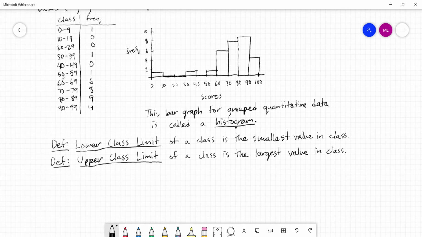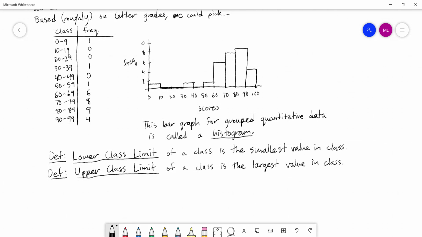So if I take a look at our table here, the top class down here, the 90 to 99 one, the lower class limit of this class is the 90. It's the smallest possible value you could have to fall into that class. The upper class limit is the 99. So it's just these two numbers. All the numbers on the right are the upper class limits of all of these classes, and the numbers on the bottom are the lower class limit of each class.